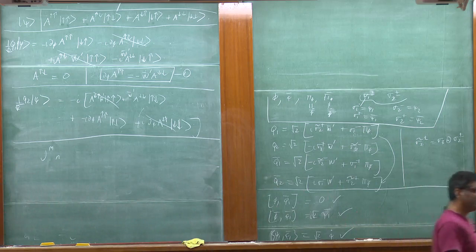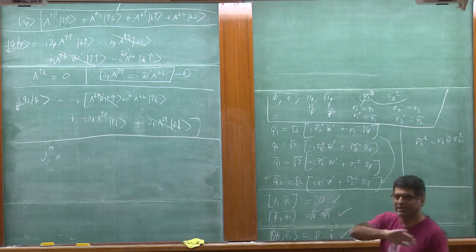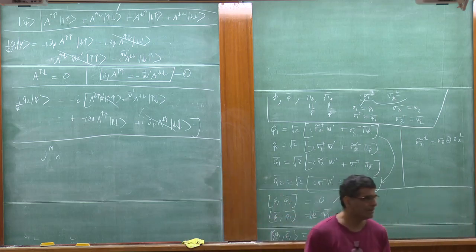Because it has one index up and one index down, you can use it to act on a vector. And when you act on that vector, you will once again get a vector, because the bottom index contracts with the vector index and leaves you with an uncontracted top index. So this J^m_n can be thought of as a map from tangent space to tangent space of the manifold.